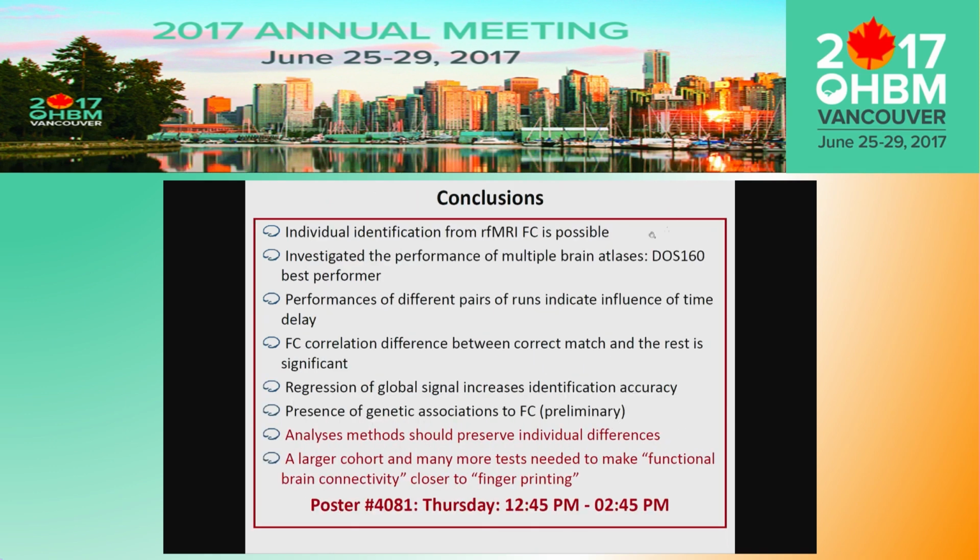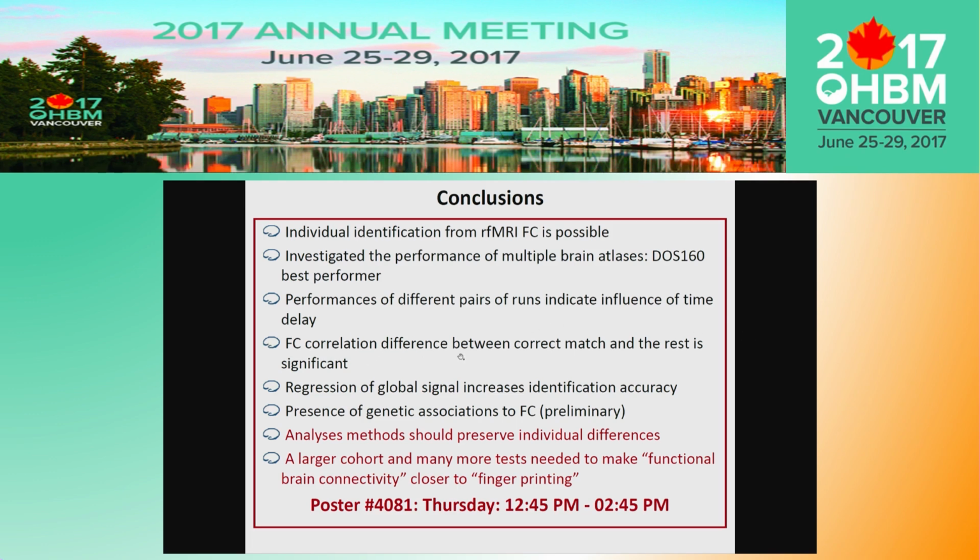So to conclude, the data that I've shown today indicates that individual identification from resting fMRI functional connectivity is possible. We investigated the performance of multiple brain atlases, and DOS 160 was the best performer. Performance of different pairs of runs indicates the influence of time delay between runs.